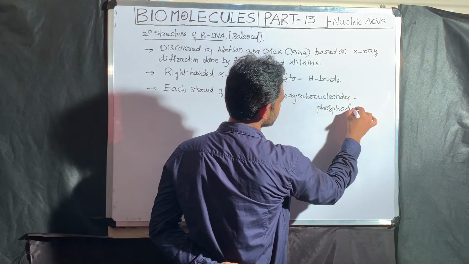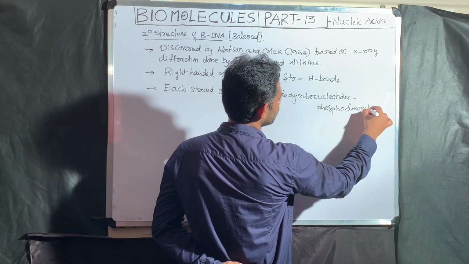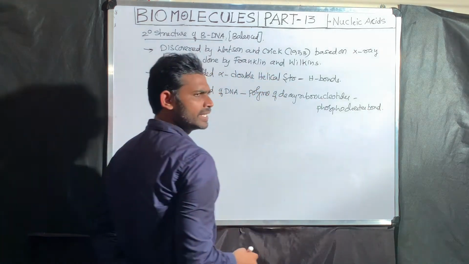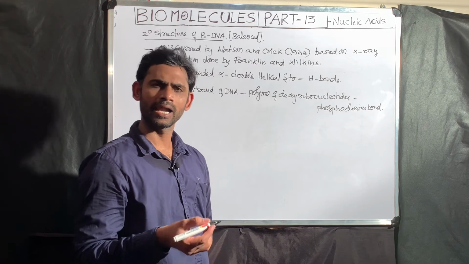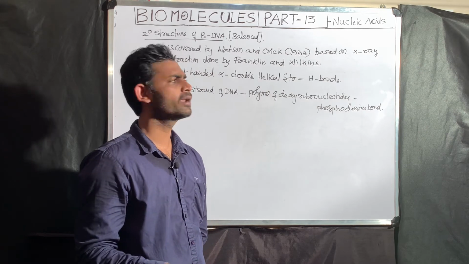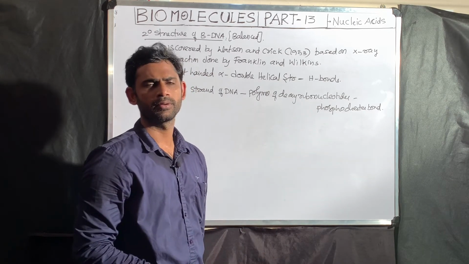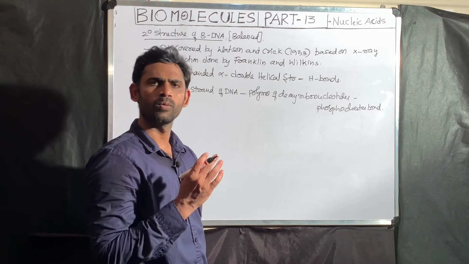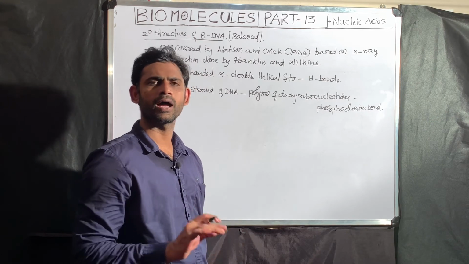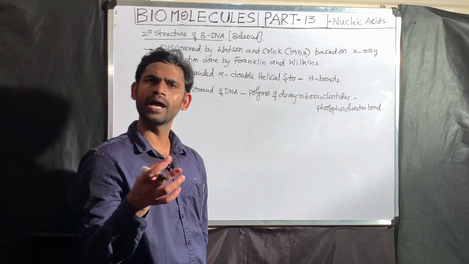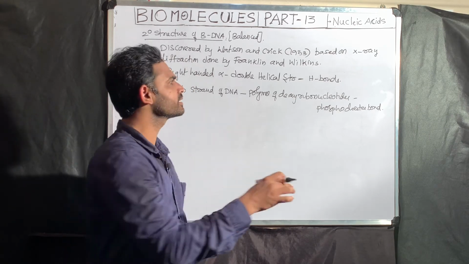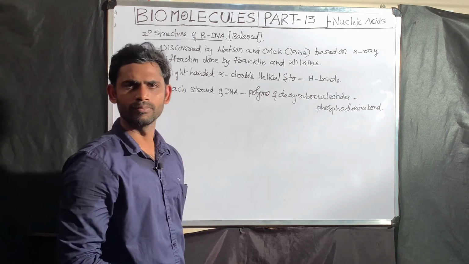You have to understand the point. If you take one strand of DNA, one nucleotide of the strand and another nucleotide of the same strand are linked through a phosphodiester bond. But if you take two strands, one nitrogen base of one strand and another nitrogen base of the other strand are linked through hydrogen bonds. That is why the secondary structure is stabilized by hydrogen bonds.